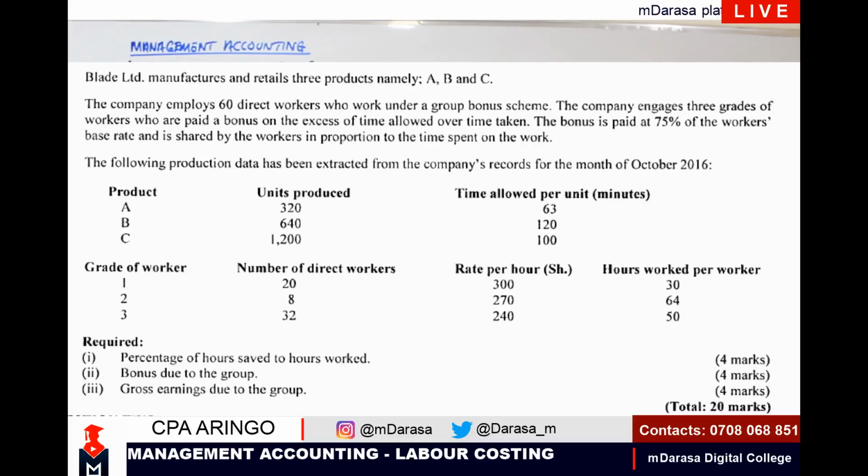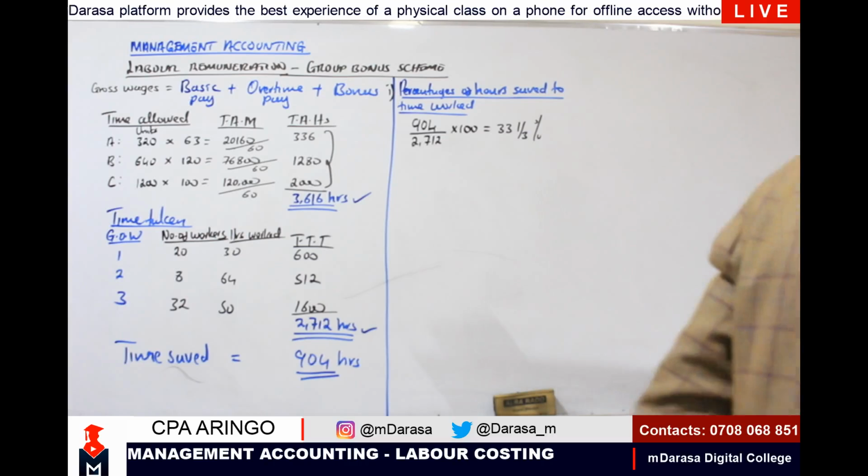That is very simple, my good students, because it will be upon us to determine the component of each grade of workers, to determine the time of bonus or the time saved to each grade of workers. So this is what you're going to do.